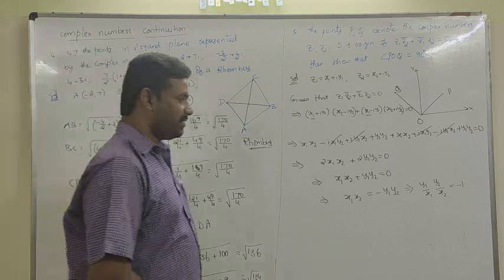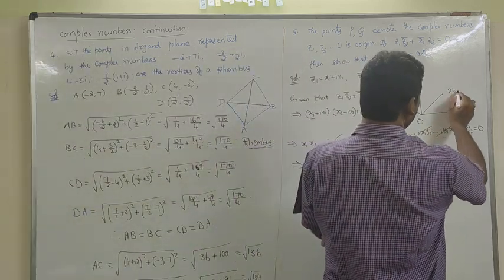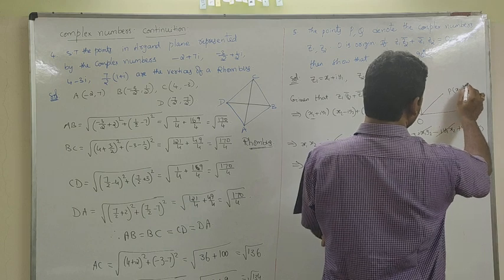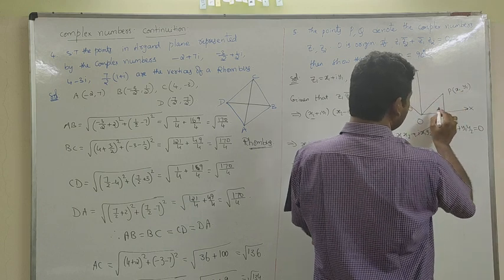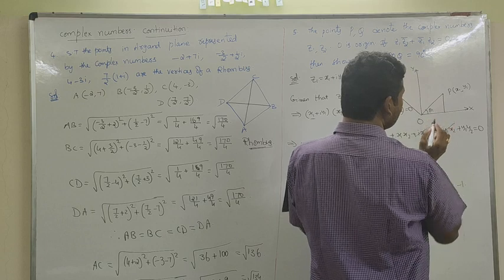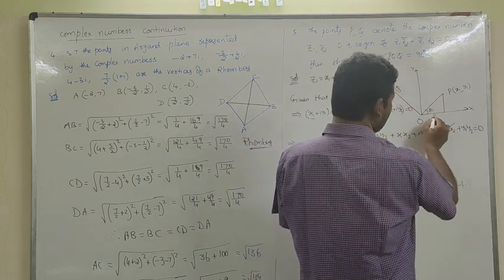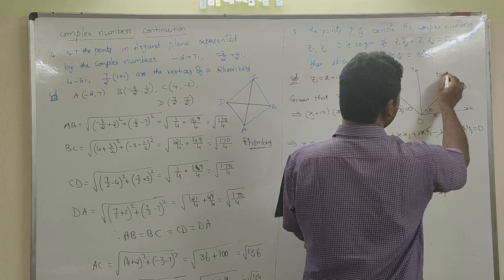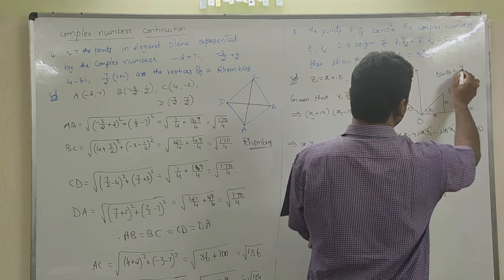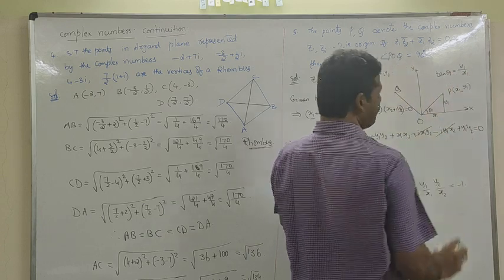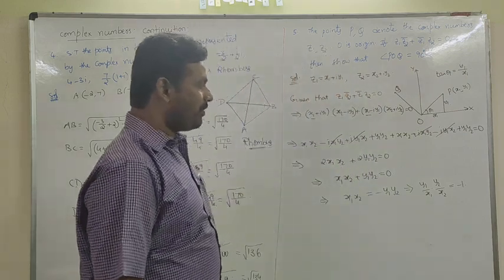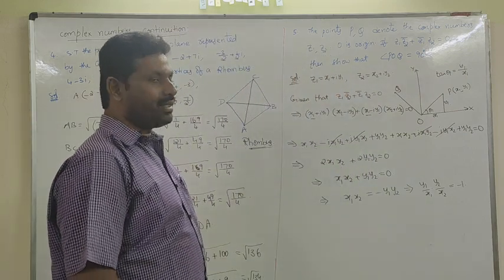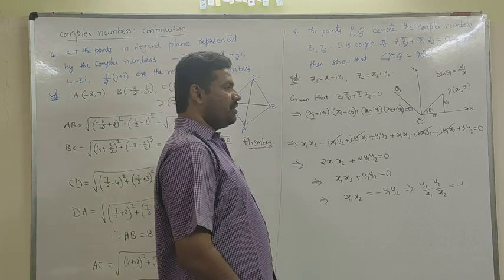See, this is the point (x1, y1). Suppose this is the angle theta 1. This is x1, this one is y1. What is tan theta 1? Tan theta 1 equals y1/x1, which means slope.